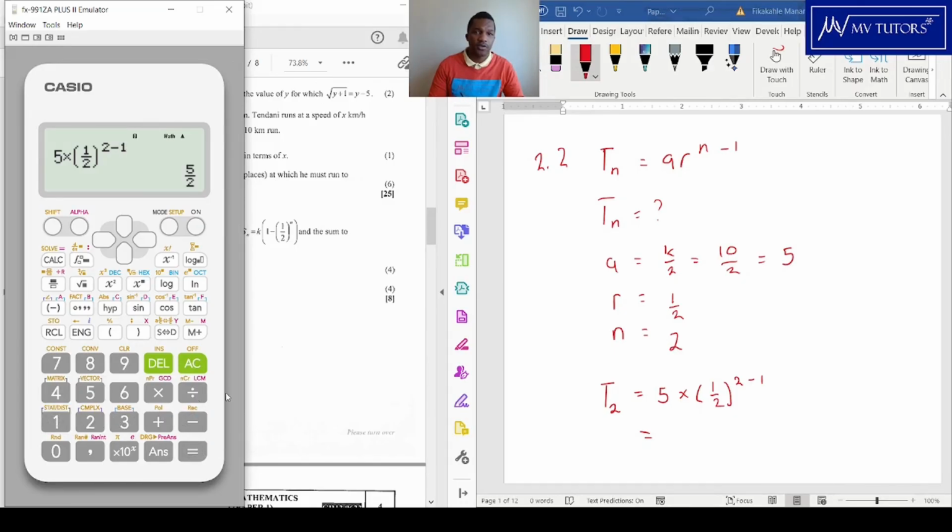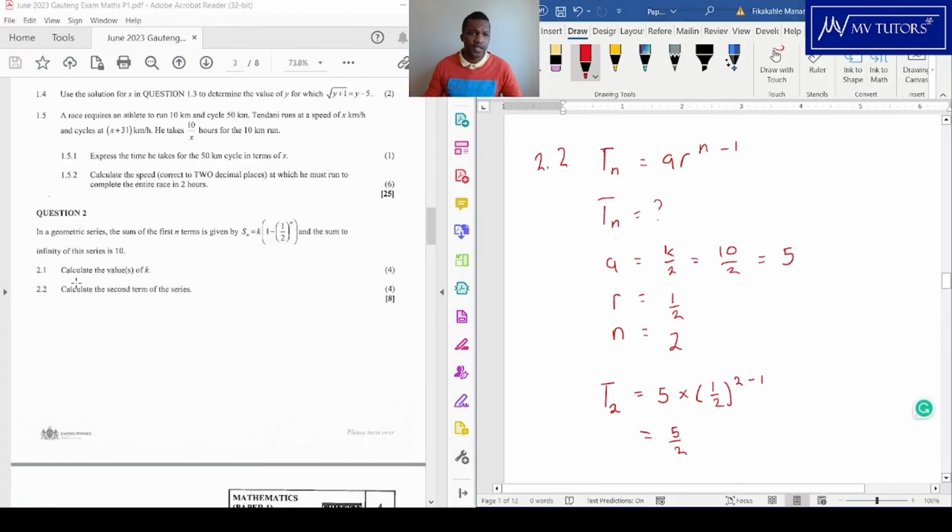It's going to be equal to 5 over 2. Now, did they say anything on how I should leave my answer? Okay, it didn't. Ladies and gentlemen, don't leave your answer in decimal form if you are not told to. Rather leave it in fraction form. Okay, so that is our final answer.